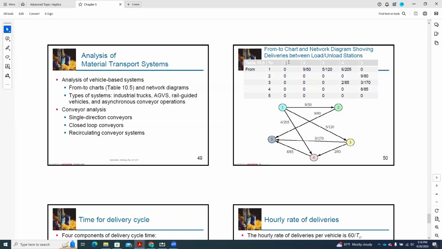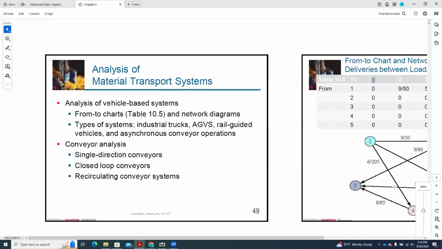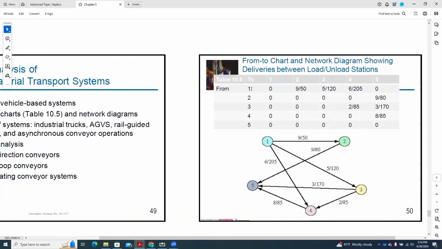So from 1 to 1, it's the same station, so no object or no work goes from 1 to 1. And from 1 to station 2, how much work is transferred? It is 9, and this 50 is the distance covered. So from 1 to 2 is 9 by 50.